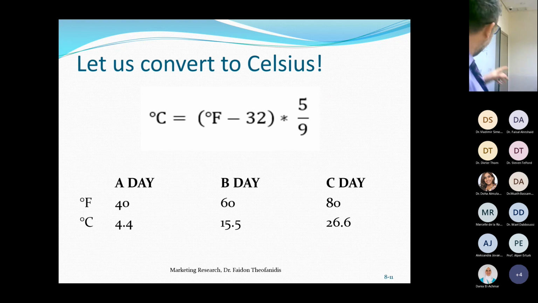If you replace the 40, 60, and 80 as F, you will get the values for Celsius: 4.4, 15.5 for the second day, and 26.6 for the third day. Yes, 40 to 80 seems to be double, but 4.4 to 26.6, is it double? No, it's not double.